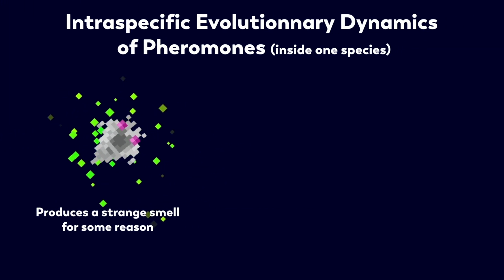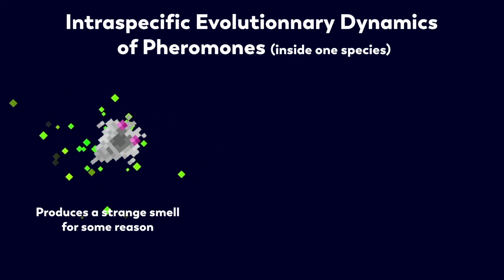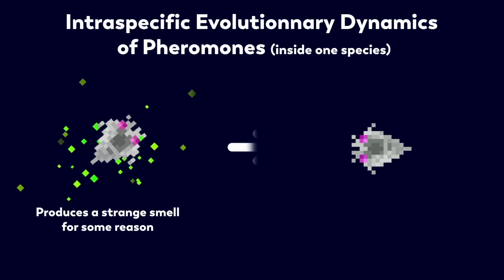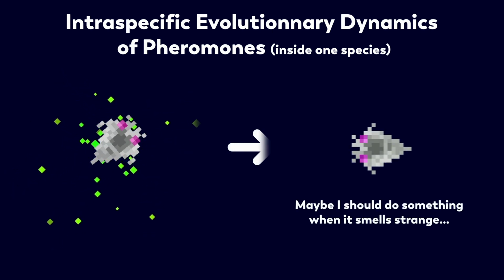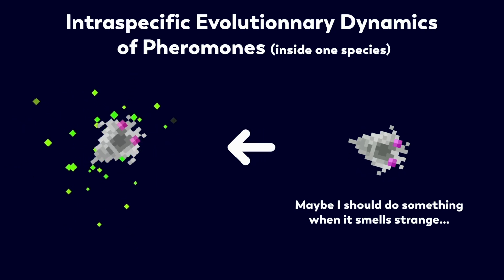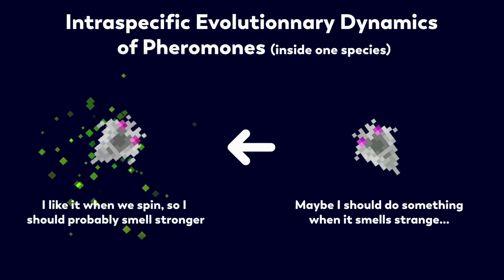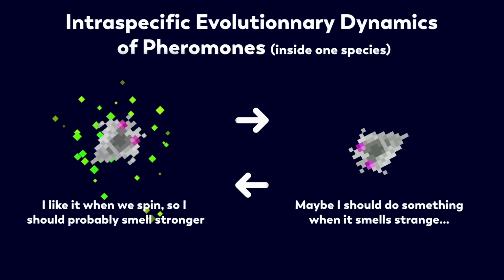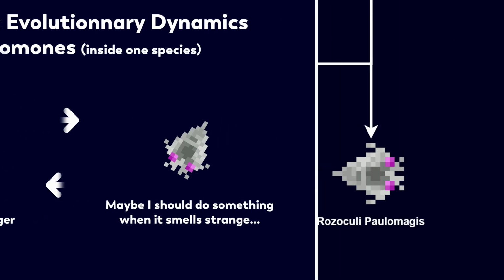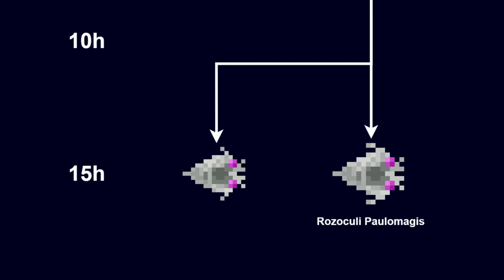First, a random mutation makes a species produce a certain odor, and further down the line, others might have an evolutive pressure to be able to recognize that scent and use it for a specific purpose. Then, they also have the incentive to produce that pheromone in greater quantity, essentially being a positive feedback loop of pheromone development. For that reason, we'll name these ones Rosoculi benolet, for good-smelling pink eye.